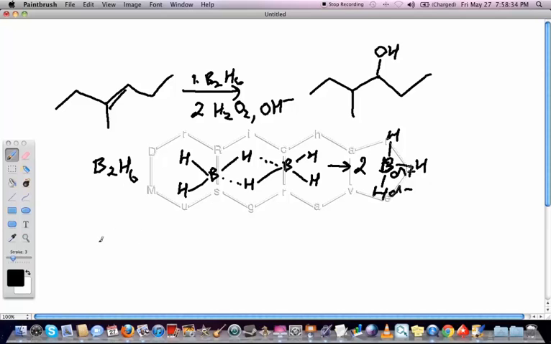So when we look at the reaction, we can look at it in two ways. We can either split the borane up into H minus and BH2 plus, or we can leave them together. First of all, I'll split them up and show you the effect of that.